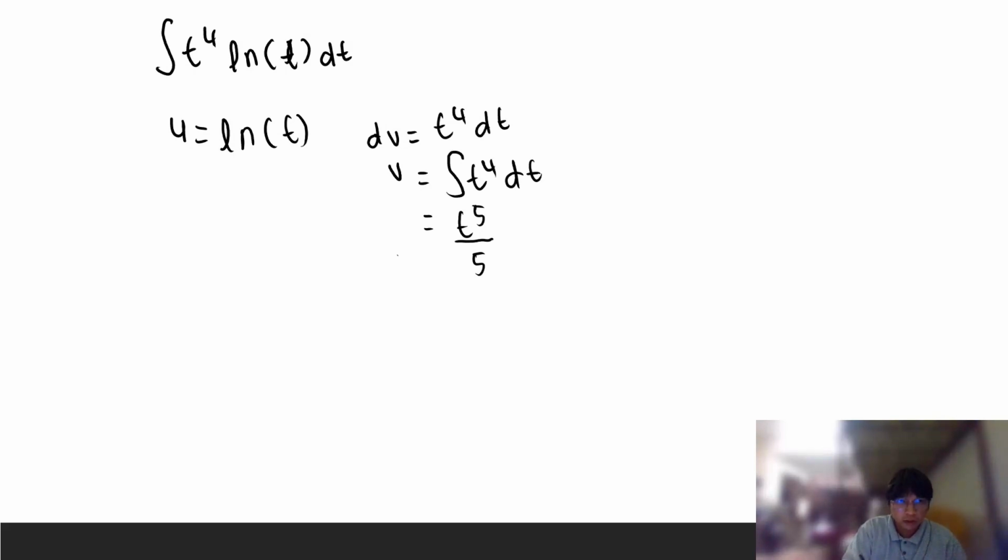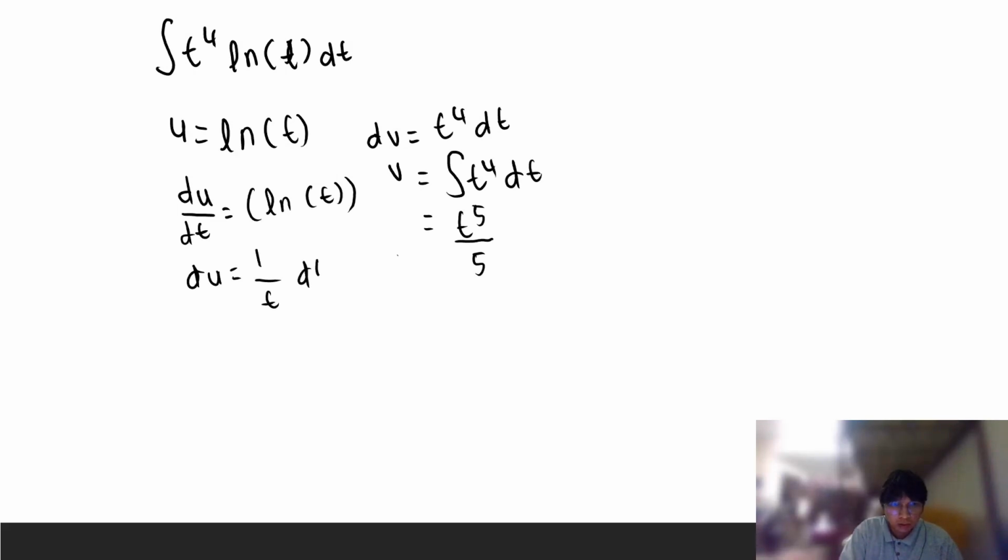So we differentiate the u, so it will become the du over dt equal ln t. So du equal 1 over t dt.